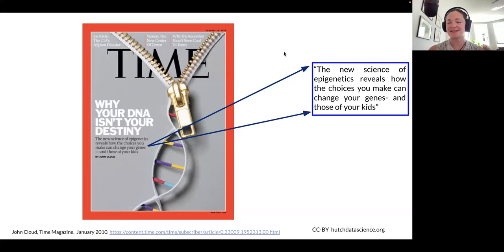So I love this lead here, the new science of how epigenetics reveals the choices you make and how it can change your genes and those of your kids. So huge impact. And even though this is the general public's introduction, I think this is when it really took off because, of course, you can't separate the science from what people are thinking about in everyday life. So epigenetic research really exploded after this.